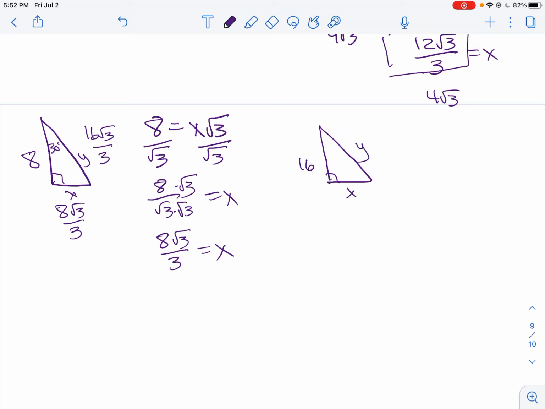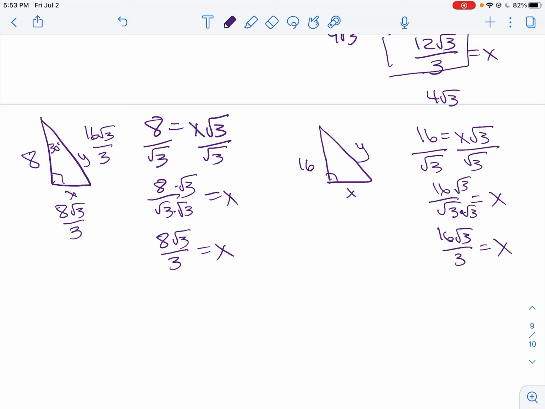So then over here, I'm going to take the 16 and I'm going to set it equal to x radical 3. I divide by the radical 3 on both sides of the equal sign. I get 16 over radical 3 equals x. Again, I can't have a radical in the denominator, so I multiply by radical 3 on the numerator and the denominator. 16 radical 3 over 3 equals x.